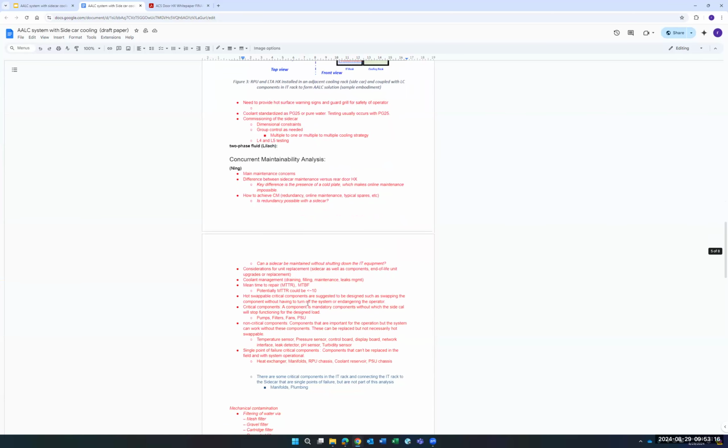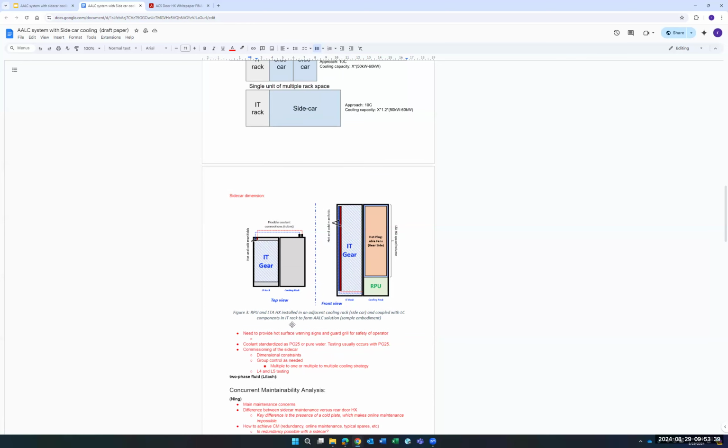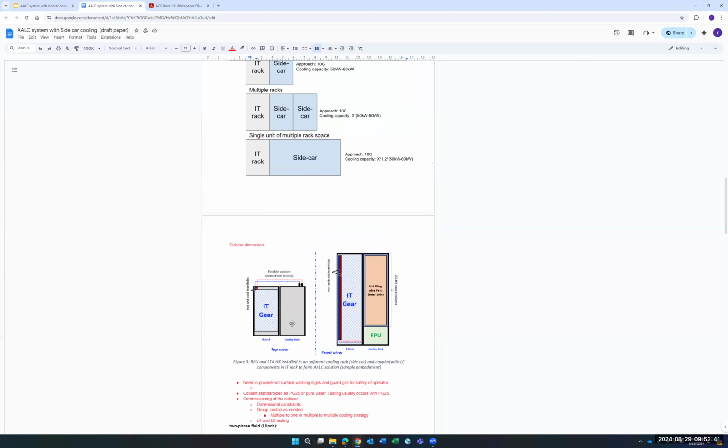The components we defined here, the hot swappable critical components, non-critical components, and single point failures, remain the same even for that. But a single double wide one has almost half the components of two single wides, because you'd run one RPU in a double wide sidecar.